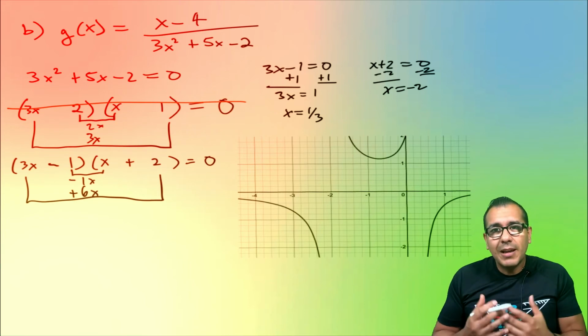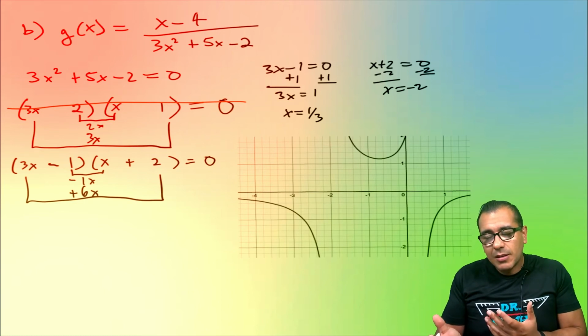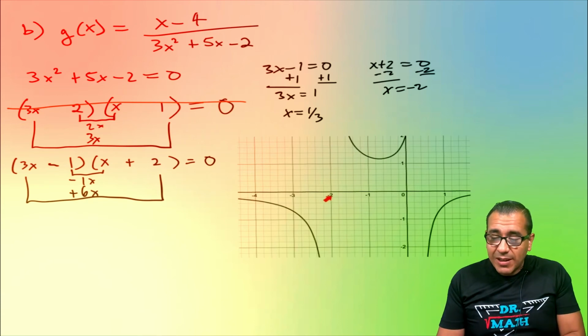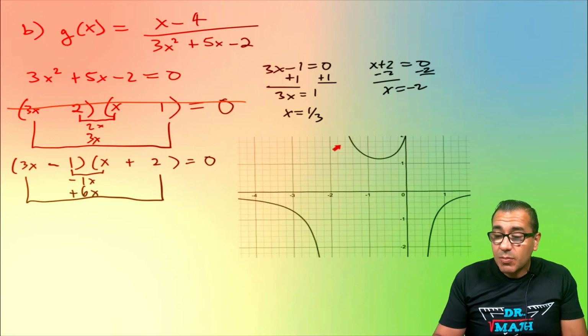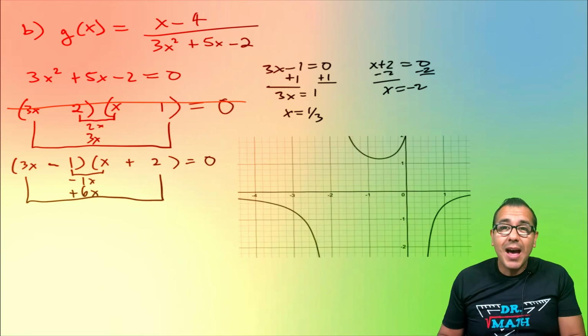Well, you would just plug in a number if you were interested. In this question, they just asked us to find the vertical asymptotes, but if you did want to go that extra step, just plug in a number to the right of negative 2, say negative 1.9. And when you plug that 1.9 in here, you're going to see a large positive answer, meaning this function is going to go off to positive infinity.